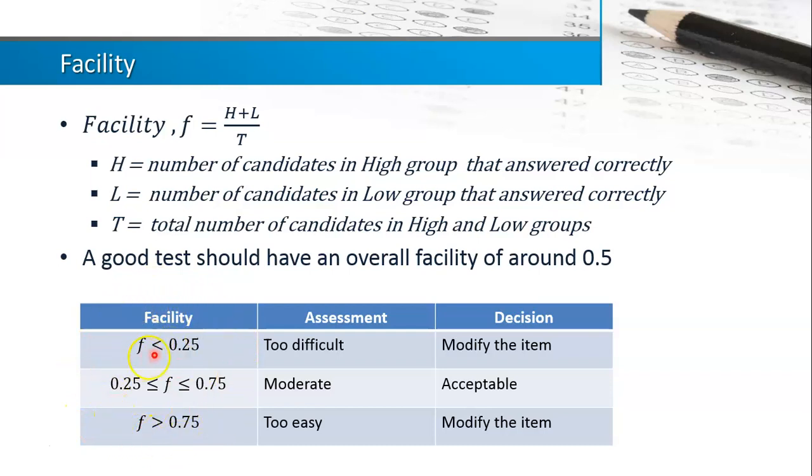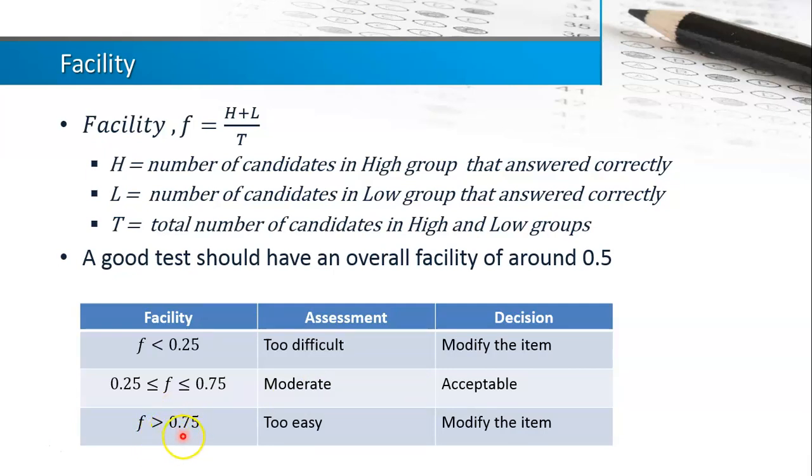So we decide based on this range. If your F is less than 0.25, we can say that the item is too difficult. Okay, you can modify it. If the F is between 0.25 and 0.75, it is considered moderate. It is usually acceptable, meaning about a 50% rate of students answering it correctly.